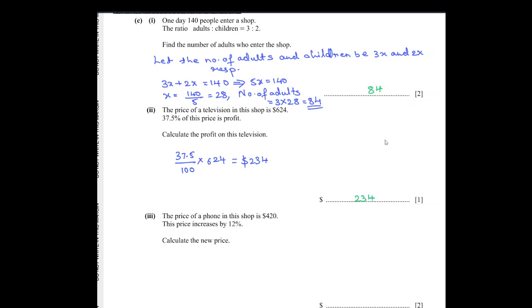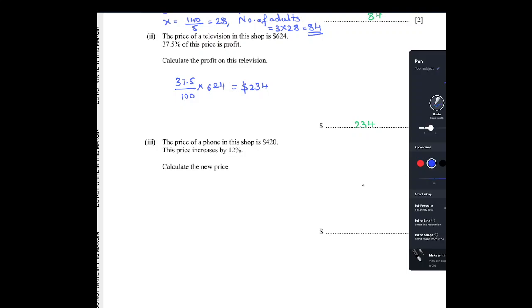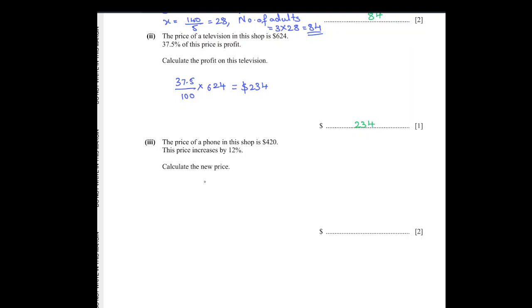Question number 3. The price of a phone in this shop is $420. This price increases by 12%. Calculate the new price. So the original price of the phone multiplied by 1 plus 12 by 100. This is a percentage increase, right?